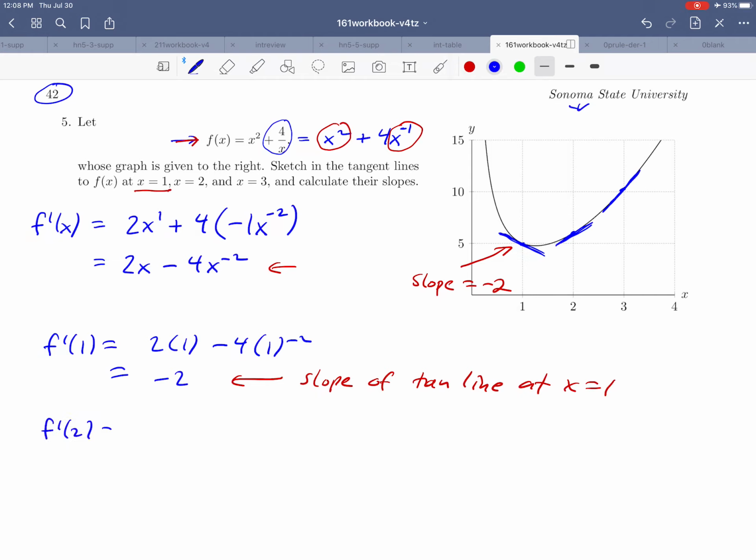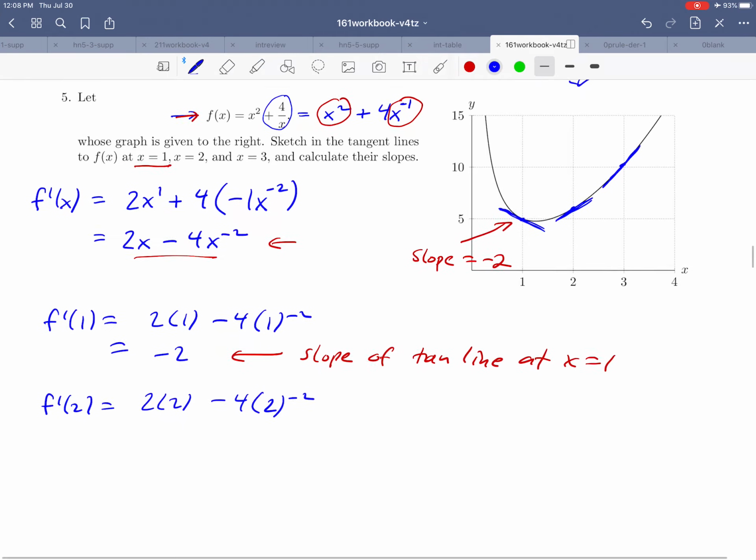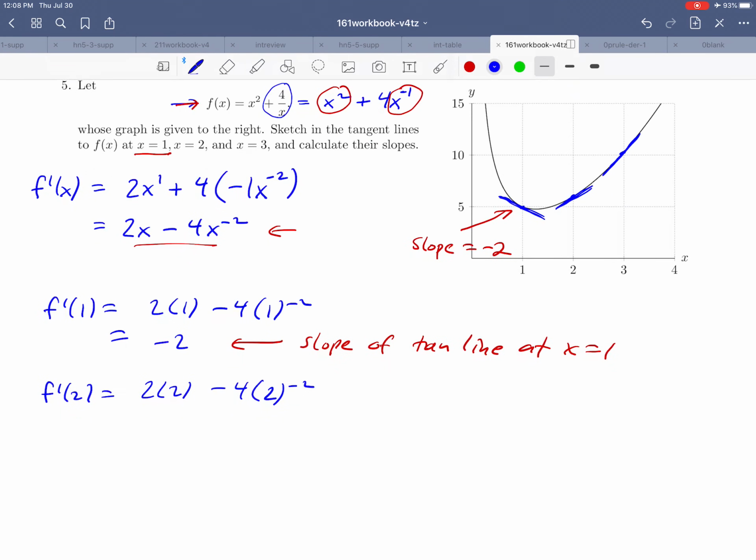Okay, and then f prime of 2, same idea. We're just going to substitute 2 into our derivative formula for our x's. So we'll get 2 times 2 minus 4 times 2 to the negative 2. Okay, and if you do the arithmetic there, that's going to be 4 minus 4 over 4.